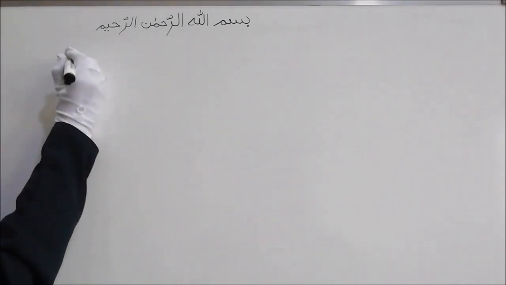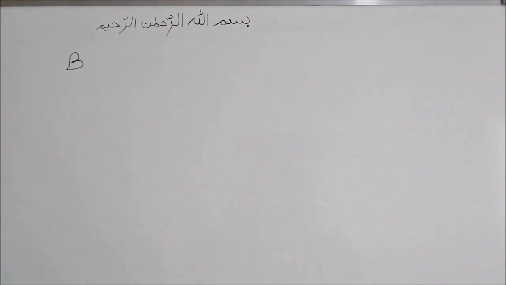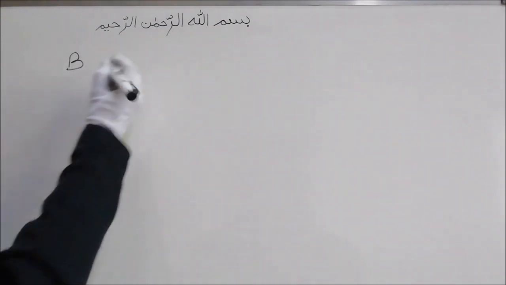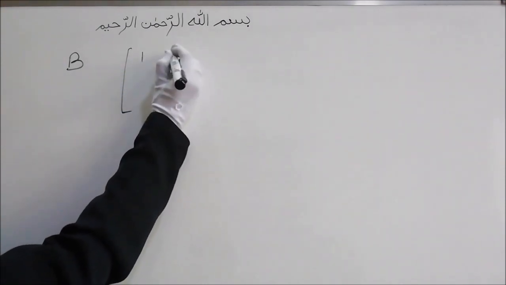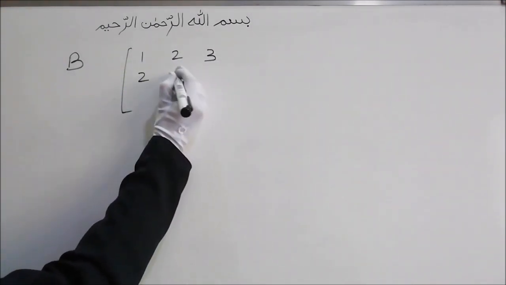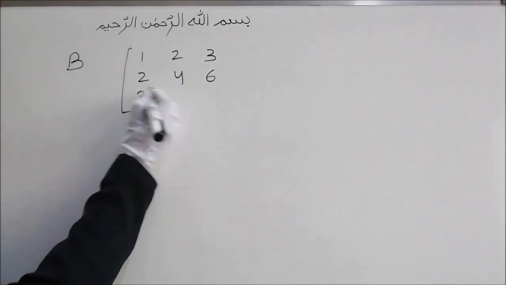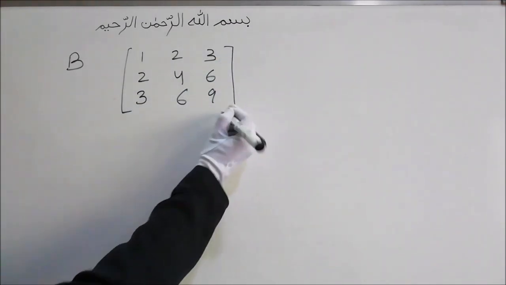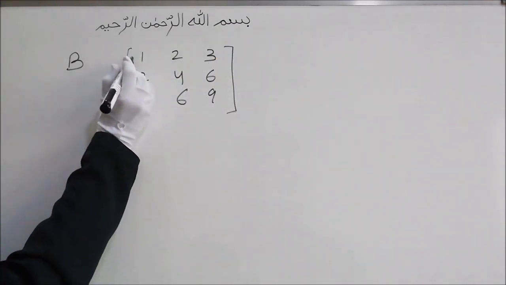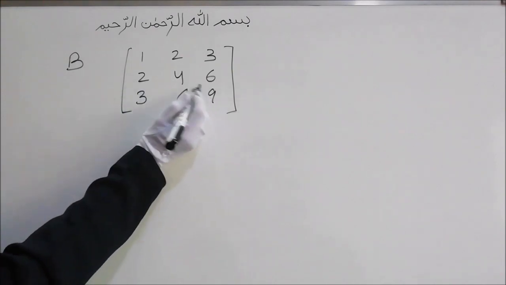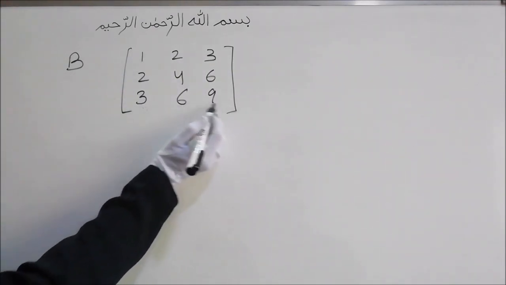Let's say we have a matrix B such that its rows or columns are scalar multiples of a particular row or column. That means it can be of the form 1, 2, 3, 2, 4, 6, 3, 6, 9. So what is this? This is 1, 2, 3. Multiply this row by 2, you get 2, 4, 6. Multiply this row by 3, you get 3, 6, 9.